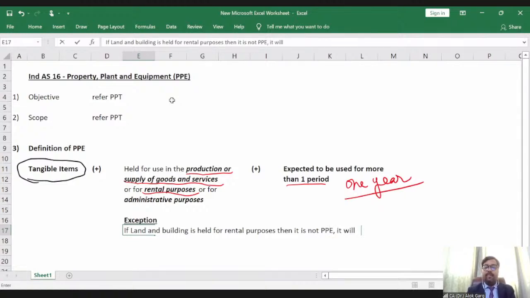It will be covered as investment property under Ind AS 40. Please write down, this is an exception.